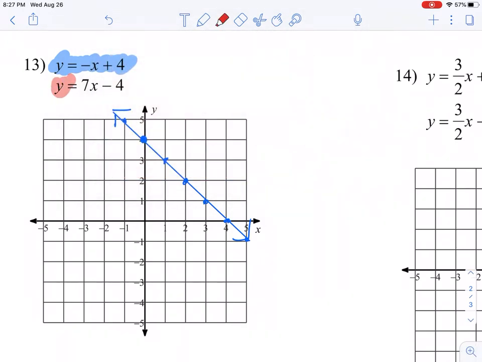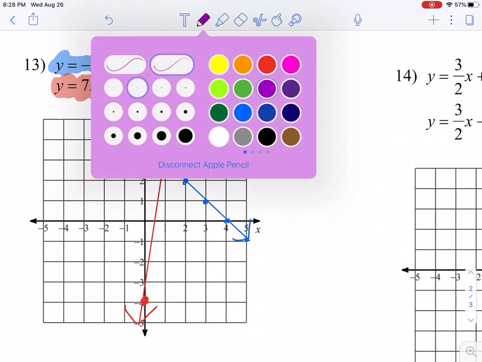For my red equation, I'm going to begin at -4. And I'm going to count up 7, right 1, because it is positive. So I'm going up 1, 2, 3, 4, 5, 6, 7, and right 1. Connect my points. And my purple point goes where my red and blue lines cross.